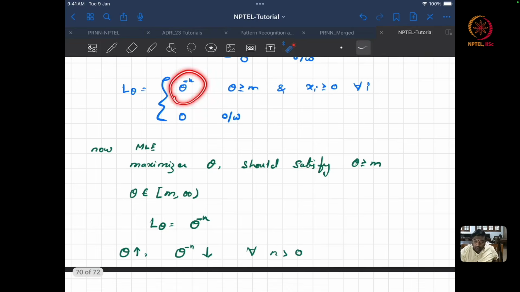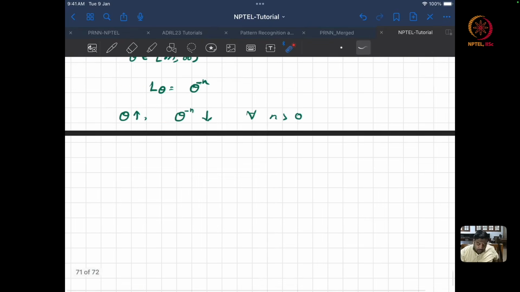I have this likelihood. Now what theta will give me the maximum value? As theta is increasing, my likelihood is decreasing. So what is the maximum point that I can get? The maximum point that I can get is actually the leftmost value, which is m. Correct? So logically it makes total sense.